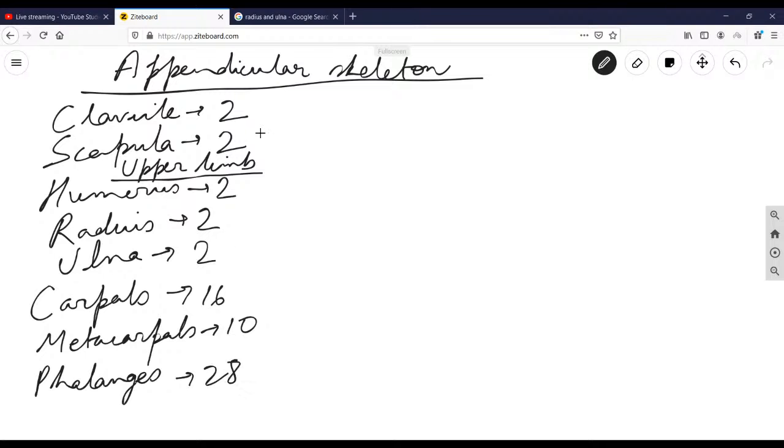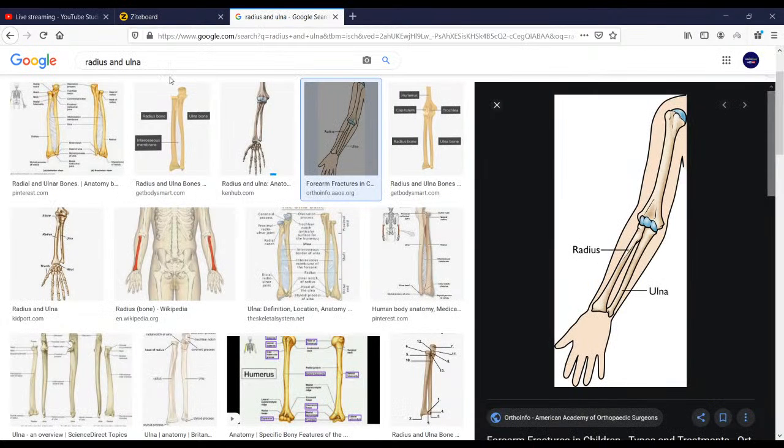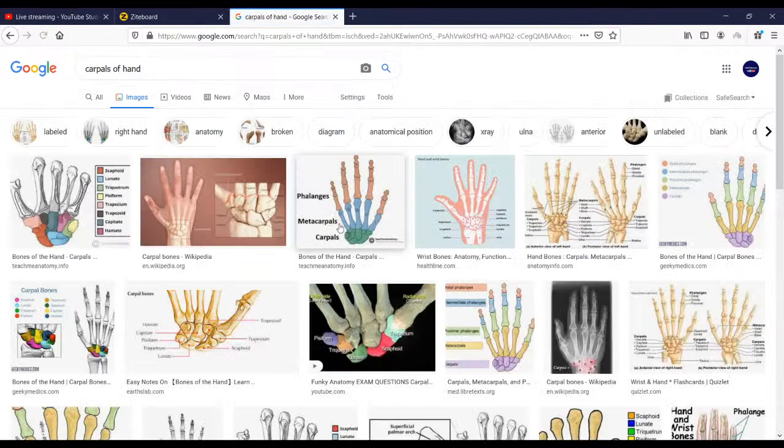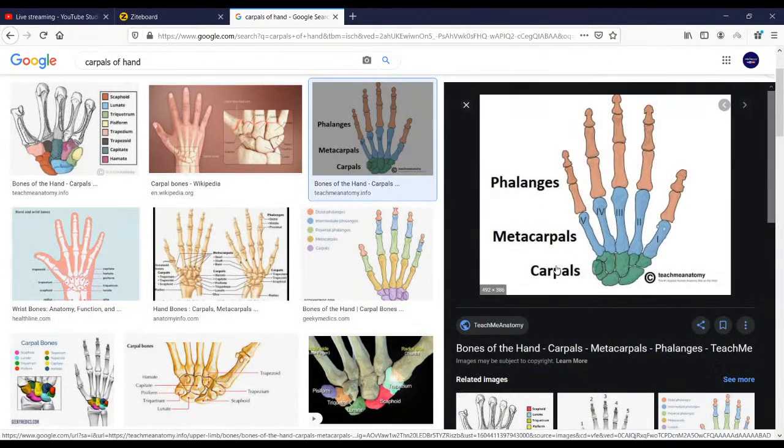I'll just show you the image, it will become very easy. Okay, carpals of the hand. Just see this image, it becomes very easy. Carpal, metacarpal, phalanges. Okay, you can see this is the phalanges.